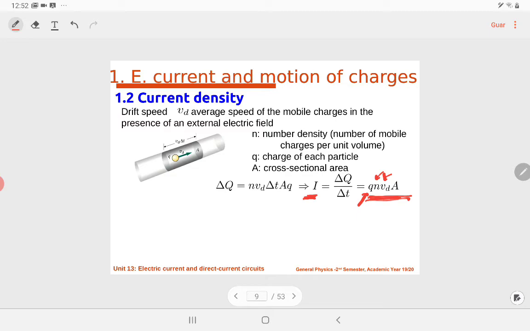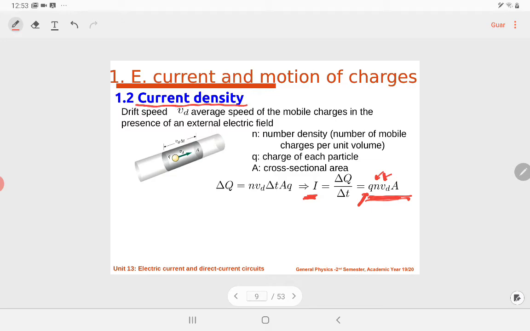Okay. There's one thing here: we are always thinking of segments of wire, and we could expand this idea of the electric current to something that doesn't need to be in a wire, and for that we're going to use the current density.